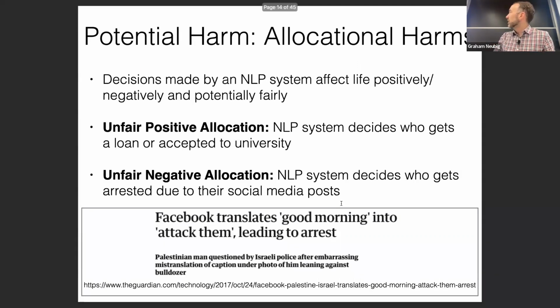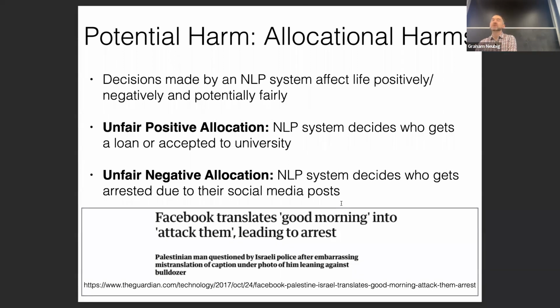Okay, so there's a bunch of different ways we can categorize the potential harm that's done to people by systems not functioning well. And one example is allocational harms. What we mean by allocational harms are basically decisions made by a system that affect life positively or negatively, and potentially unfairly.